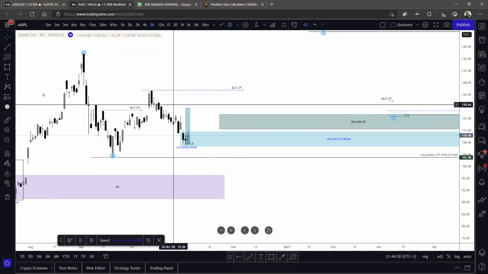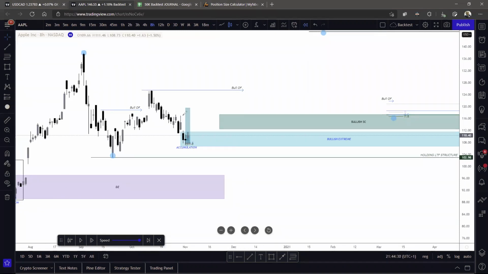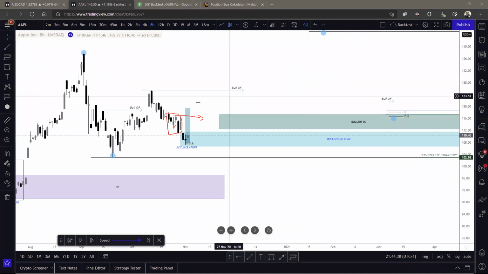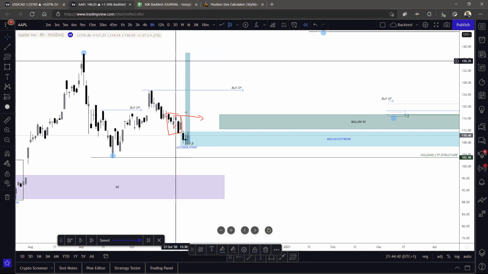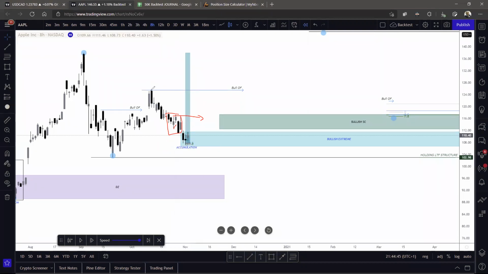I'll be taking partials on price. Take this area of redistribution out. So up in here, I'll be taking partials, and then I'll be holding it to go ahead and make a new high. So partial one once we have this order flow break, partial two, and then I'll be taking partial three up in here, and then leave 25% as the runner.